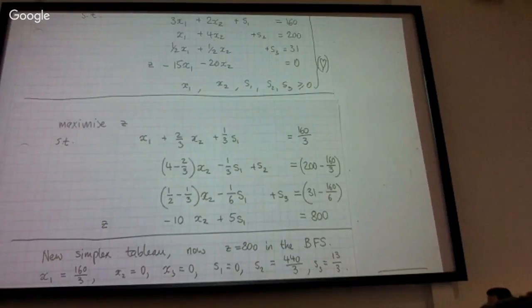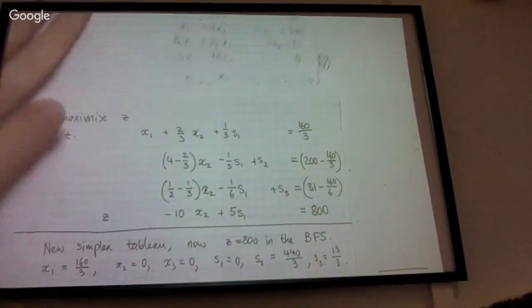The way you can tell is you look at the signs of these coefficients. And if you see something negative, like here, -10, then it's not optimal. And if everything you see is non-negative, so zeros, which are not there, or 5, which is positive, then that's it. So in this case, this is still not optimal.